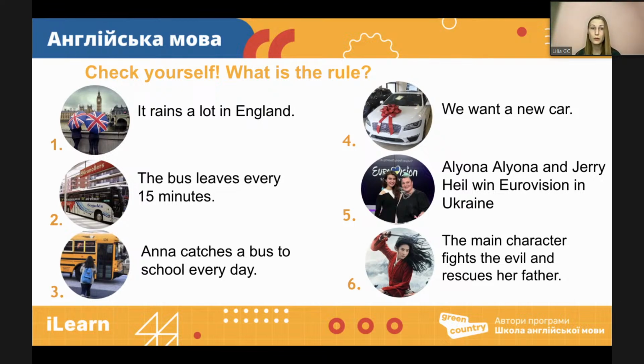All right. So if it rains a lot, it's some general truth, typical action. All right, what about number 2? The bus leaves every 15 minutes. What rule is that? Who remembers?